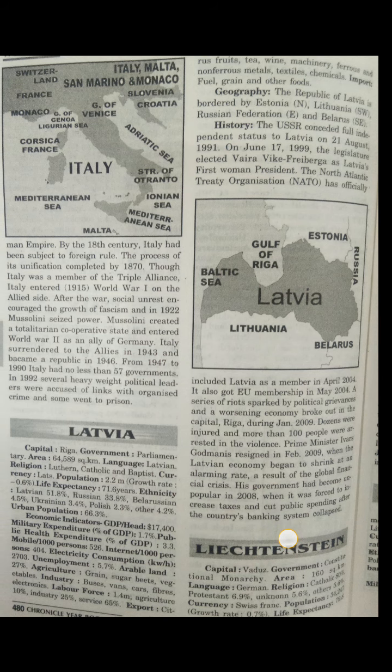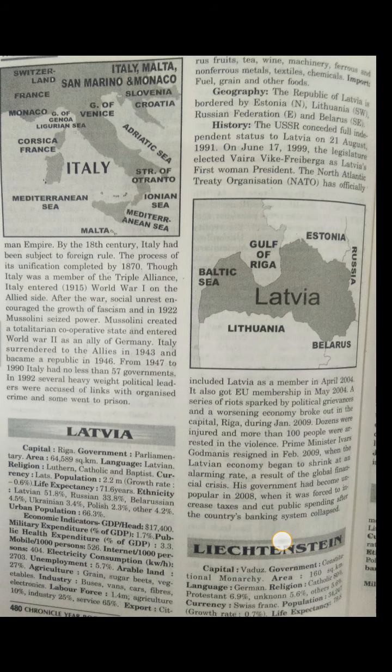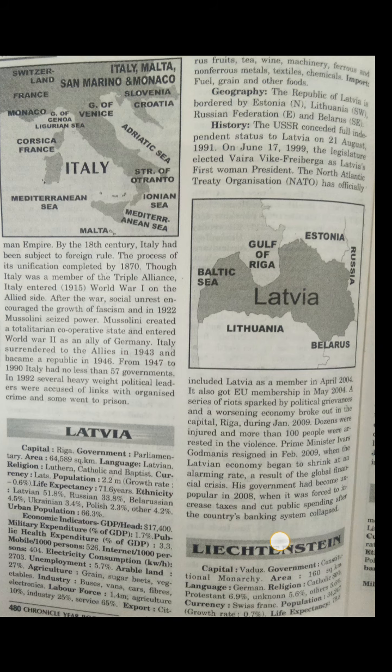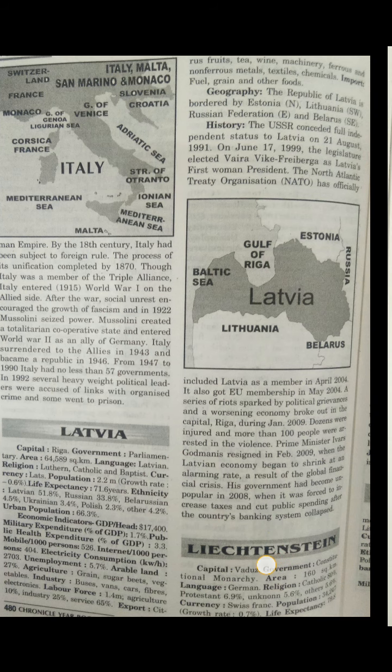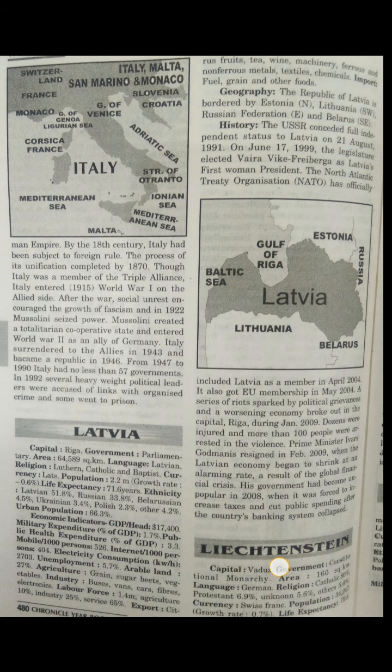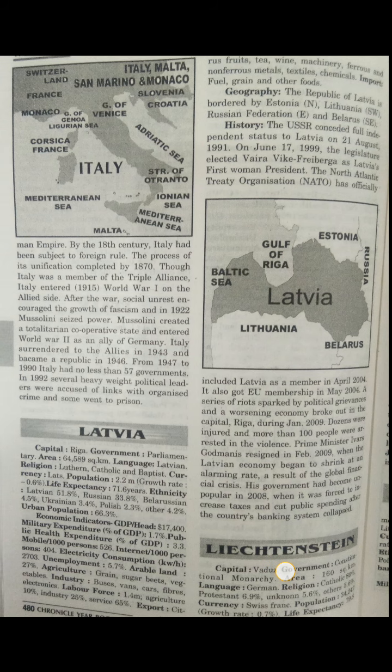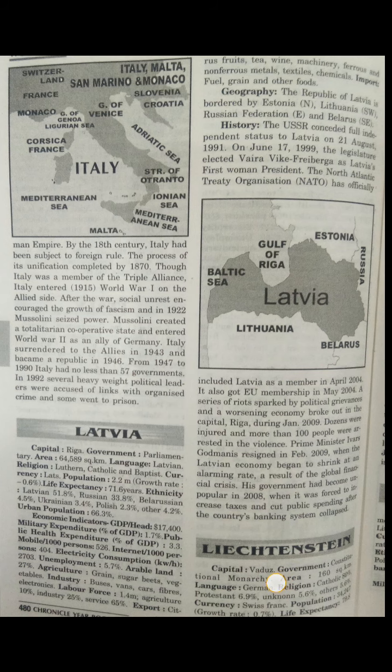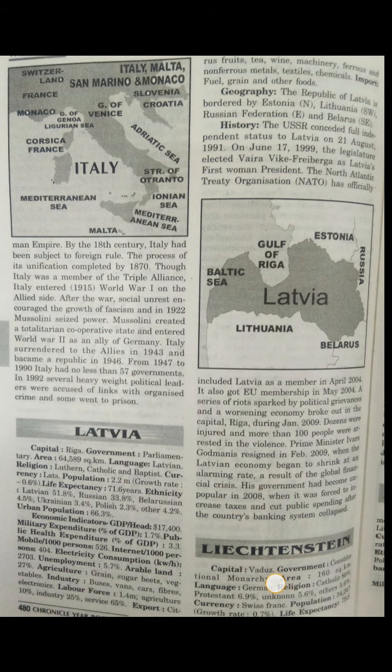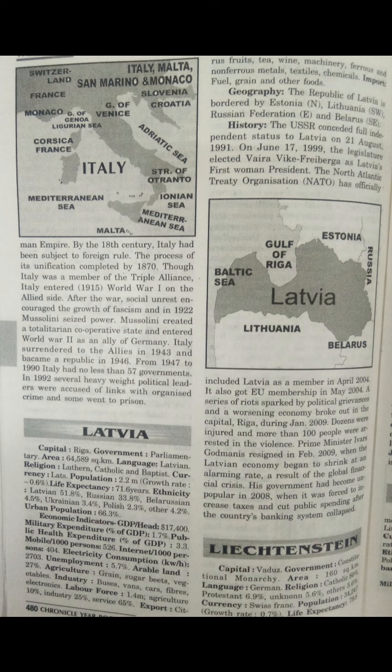Prime Minister Ivars Godmanis resigned in February 2009 when the Latvian economy began to shrink at an alarming rate, a result of the global financial crisis. His government had become unpopular in 2008 when it was forced to increase taxes and cut public spending after the country's banking system collapsed.